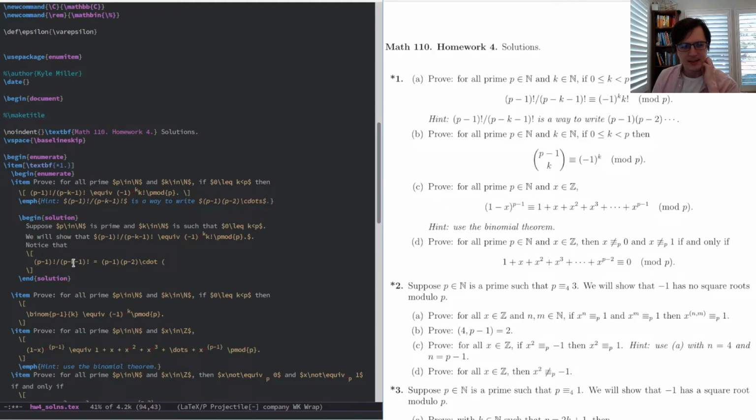Okay, so p minus k minus 1, that's the one that's being canceled out. Let's calculate in LaTeX. So we're dividing by p minus k minus 1, p minus k minus 2, all the way down to 2 times 1.